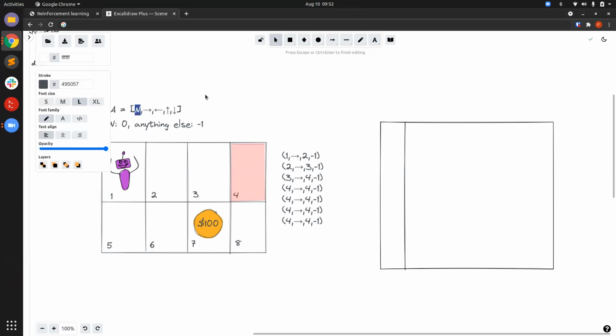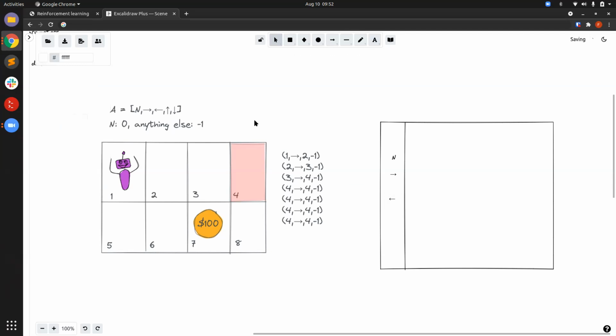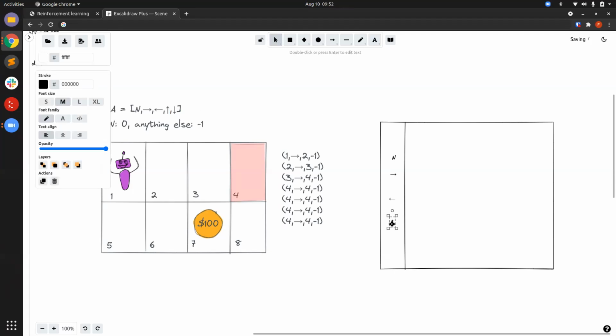Each row will be an action. I have possible actions: no-op, go right, go down.